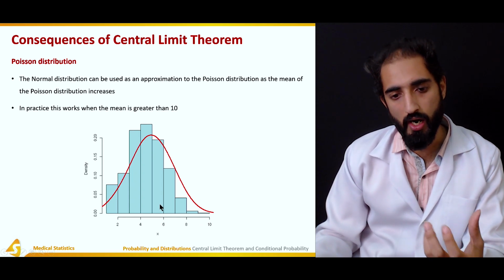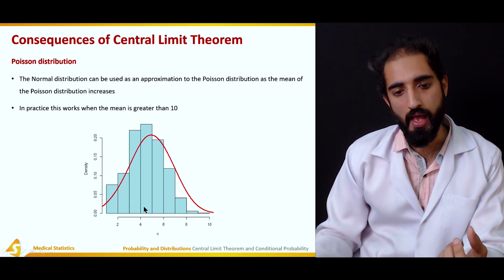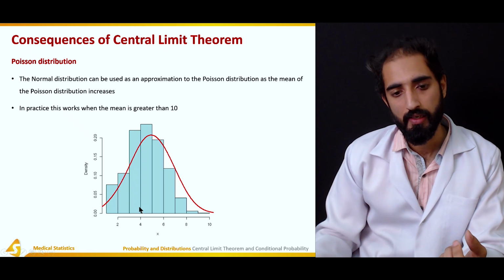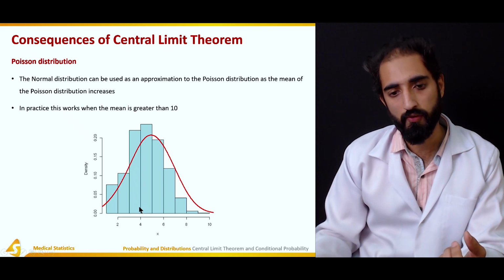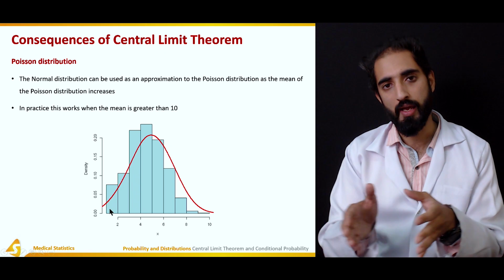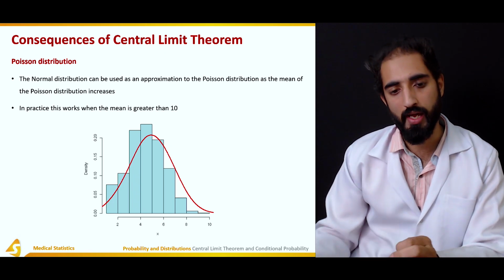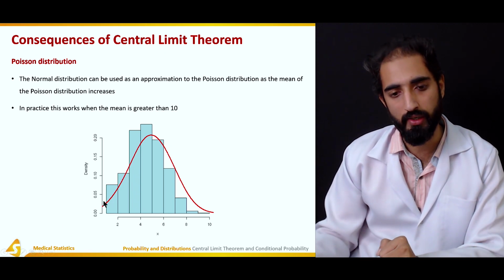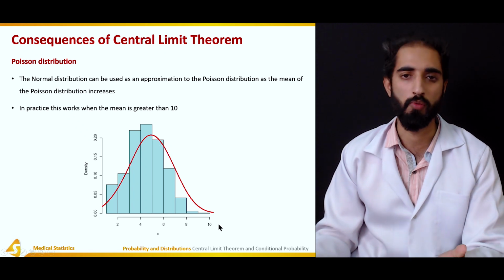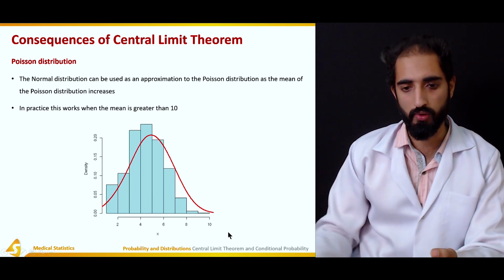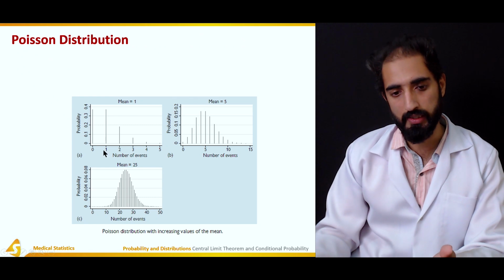When we start to increase the mean, you can see this structure of bins start to mingle with each other, and it starts to look somewhat like this inverted bell distribution, which is the normal distribution. As you can see here, we have increased the means and it started looking like this from this.